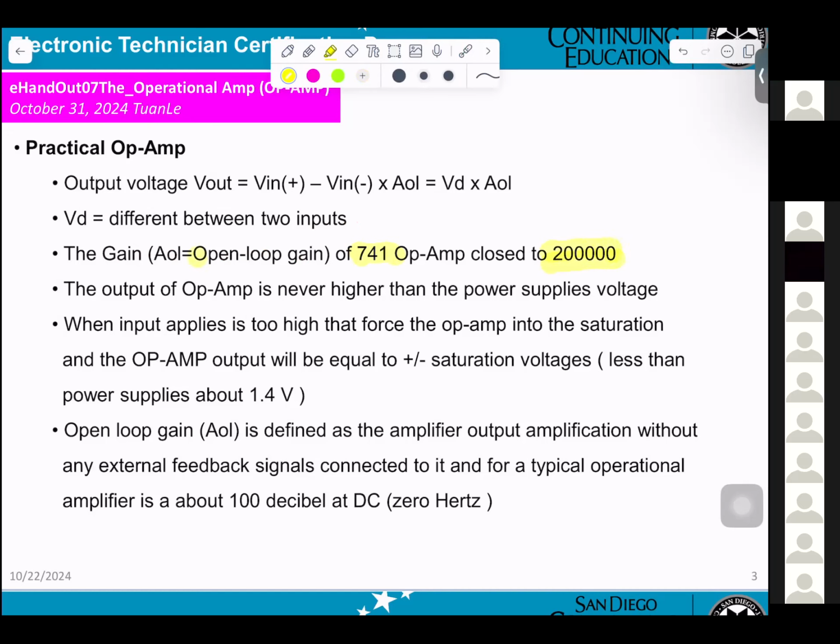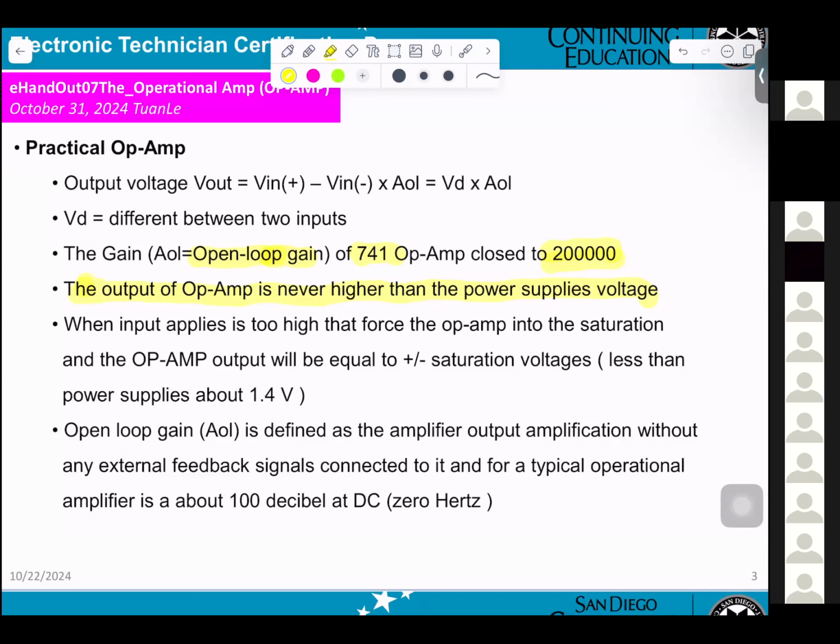The output of the op amp is never higher than, and this is very important for you, the power supply. You see that? Otherwise, with a gain of 200,000, you wouldn't want to work with the op amp. The voltage would be too high. However, no matter what you do, the output cannot be higher than the power supply voltage.